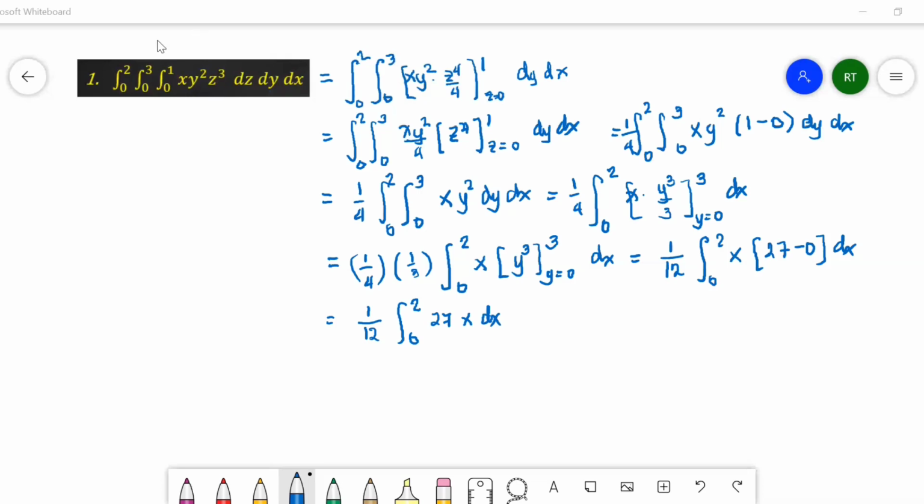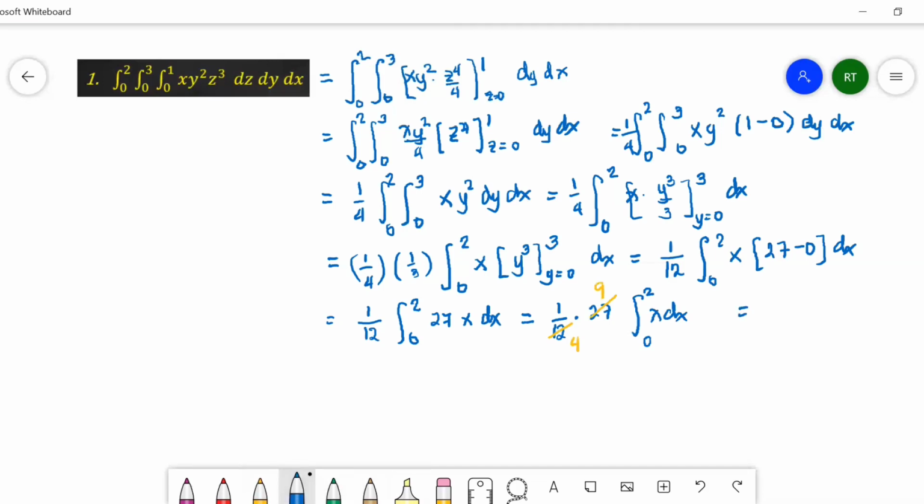Since 27 is a constant, we can write 27 before the integral sign, and we can simplify by cancellation. 27 and 12 are both divisible by 3. So 12 divided by 3 gives us 4, and 27 divided by 3 gives us 9.